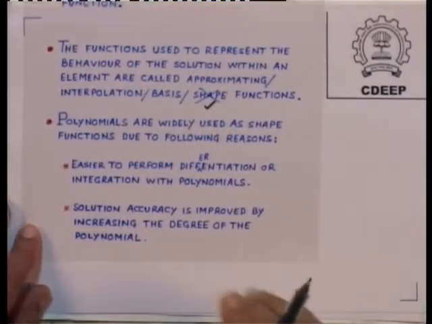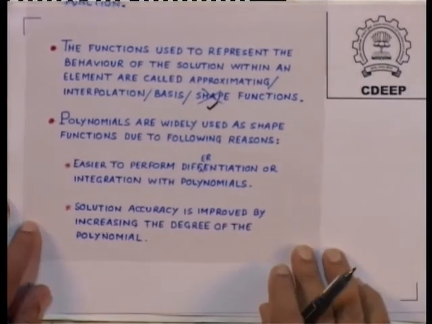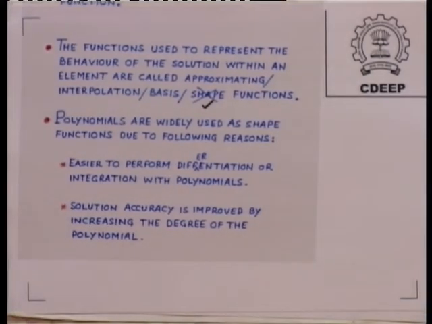Only thing, the manner or the method: we are not writing in undetermined coefficients in the form of a and b, but we are writing in terms of nodal values. Why do you write nodal values? Because it is a physical quantity. I am concentrating on nodes, so I write it in terms of nodal values, and then these coefficients have some physical meaning. n1 into ni's. So, shape is okay.